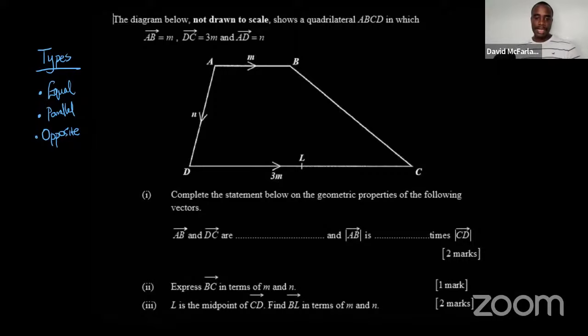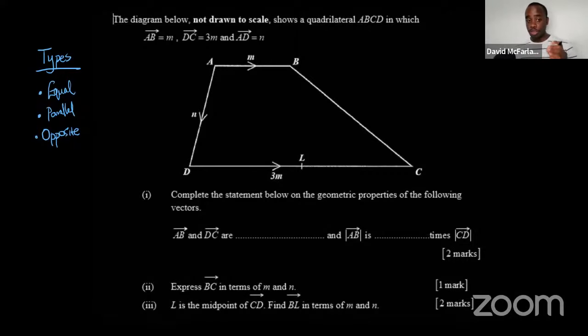AB and DC are blank, and AB is whatever times CD. I think this should be DC. I'm just going to leave it.